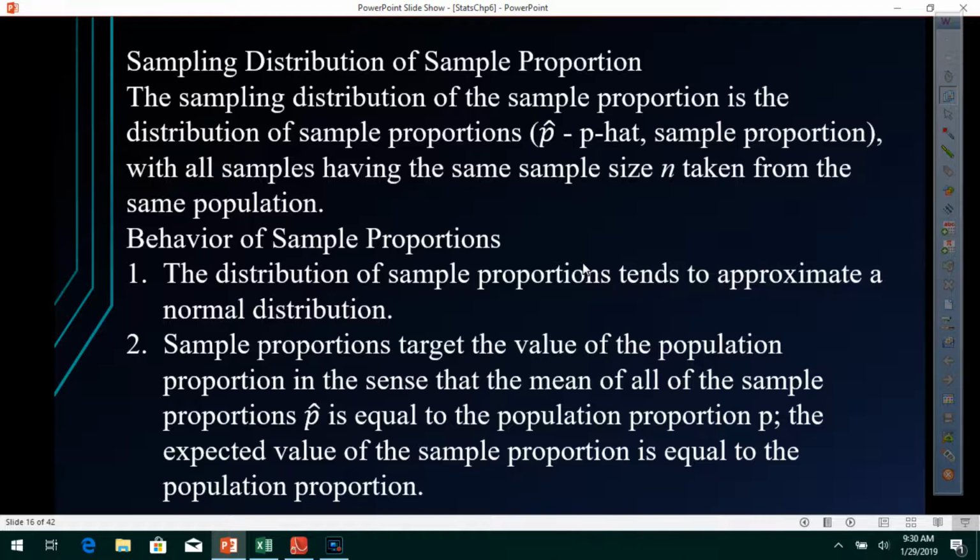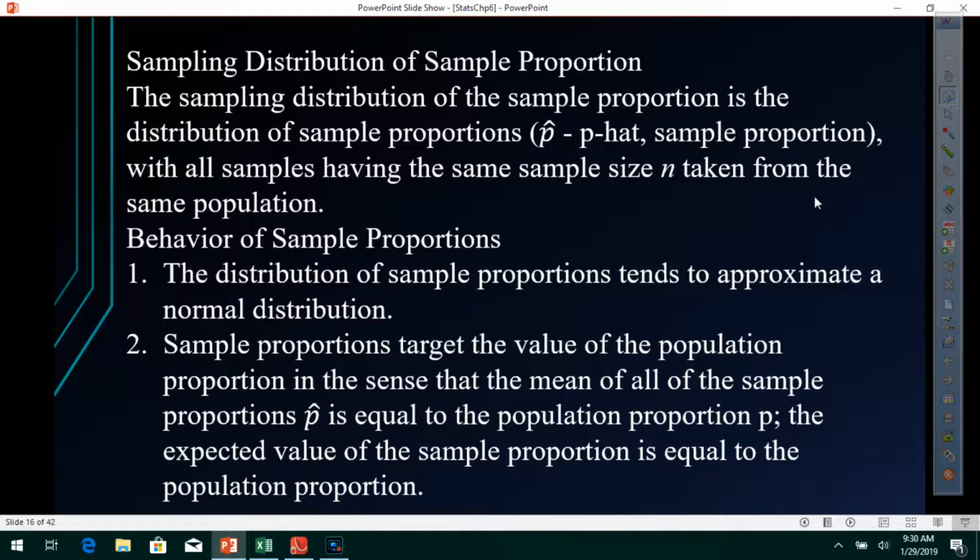The sampling distribution of the sample proportion is the distribution of sample proportions p hat. That's what that symbol is, the sample proportion, with all samples having the same sample size n taken from the same population.